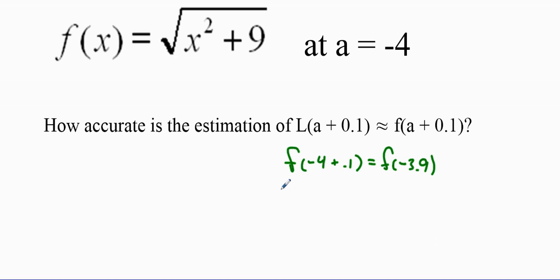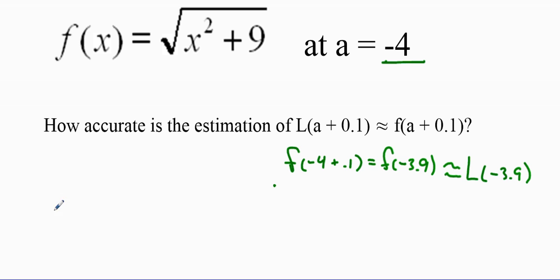But I'm going to use the tangent line approximation. So I'm going to find out what L of -3.9 is going to be. And I'm going to center that around a value close to -3.9, which is our a value, which is -4. All right, so let's do that.